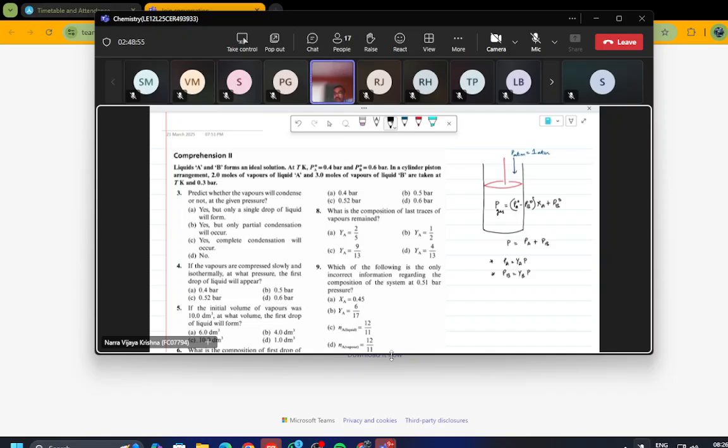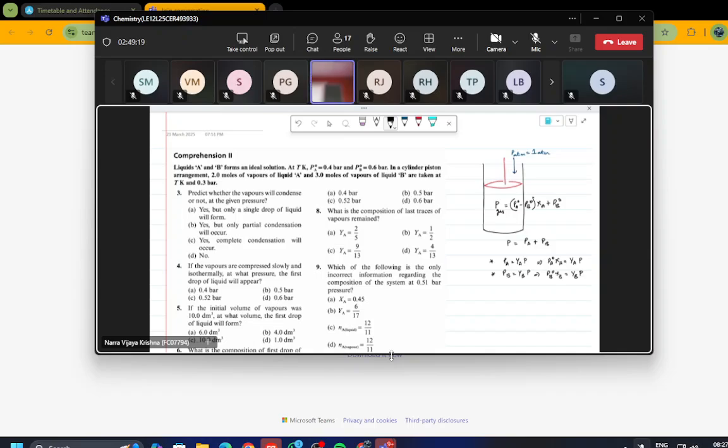What is PA equal to? PA naught into XA is equal to YA into P, or PB naught into XB equal to YB into P. Instead of doing all this, I told you one thing: 1 by P equal to YA by PA naught plus YB by PB naught.